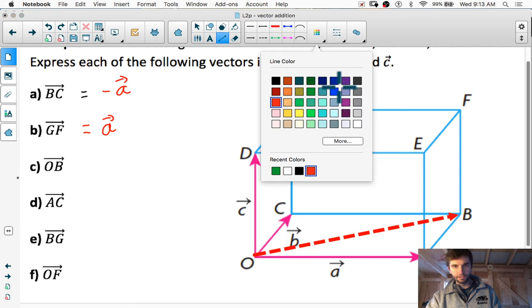So to get this vector here, I could add this vector and this vector. Those vectors are placed tip to tail, so the resultant of those two added together would be from the tail of where I started to the tip of where I finished. So this vector OB could be expressed as a sum of this vector, which is vector A, and this vector over here, which is equivalent to vector B. So I can say vector OB is equal to vector A plus vector B.